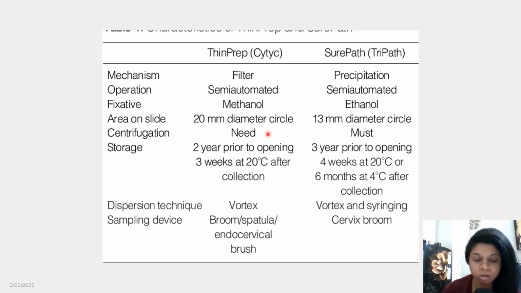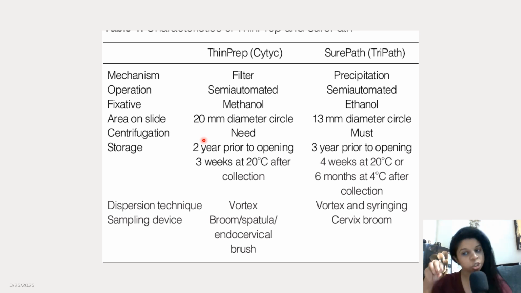The diameter of the cell spread on the slide is 20 millimeter in ThinPrep and 13 millimeter in SurePath. So SurePath has the smaller diameter, and ThinPrep has the bigger diameter, that is 20 millimeter, and in SurePath it is 13 millimeter.